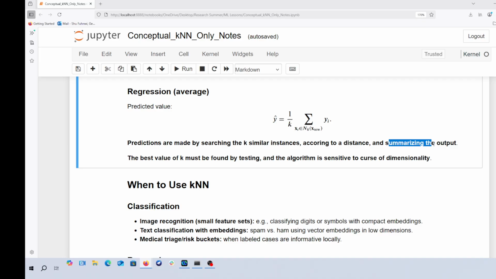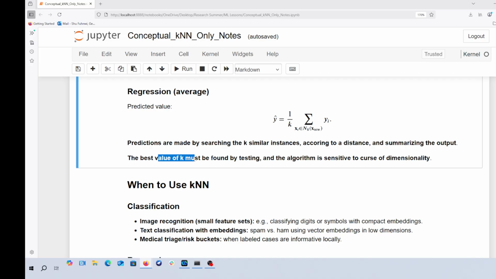The summarization of this output will depend on whether it is a regression problem, where we look at the average of the points closer to the new point we are trying to predict, or a classification problem, where we look at the majority of points closer to that new point.